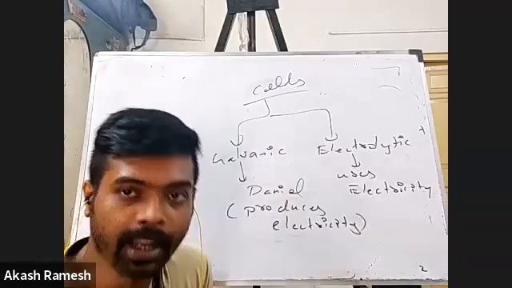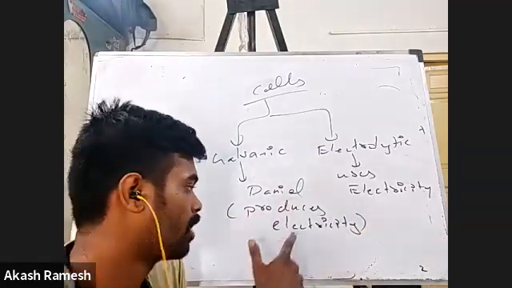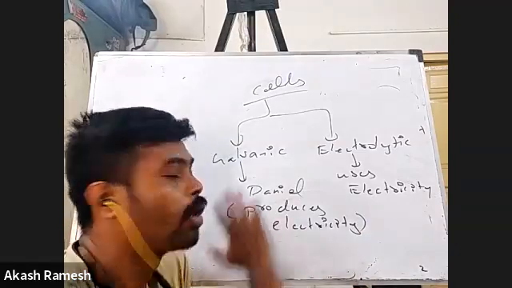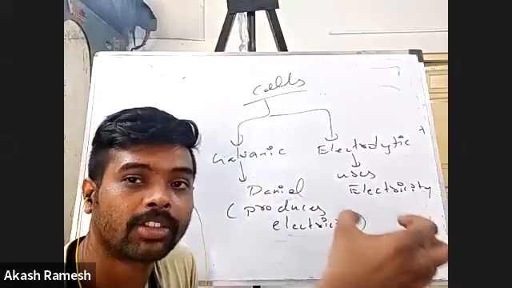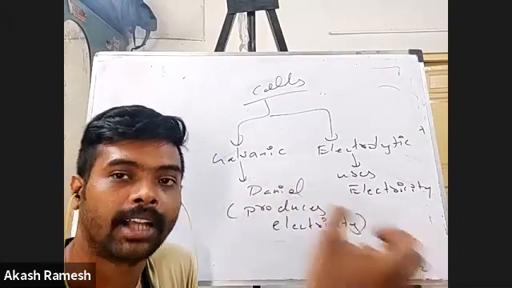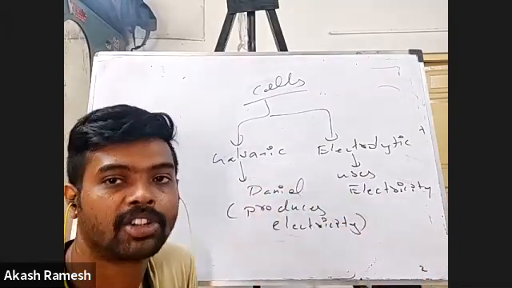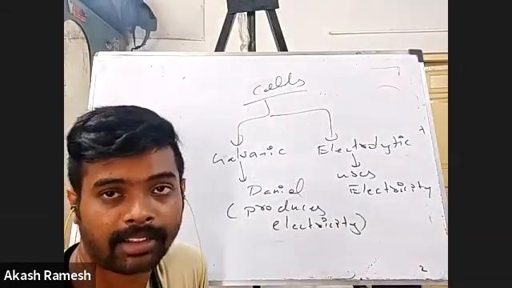So that energy is taken and converted into electrical energy. That's how it is able to produce electricity: I take some exothermic redox reactions, and that chemical energy is converted into electricity, and that's what happens in your galvanic cells, right?